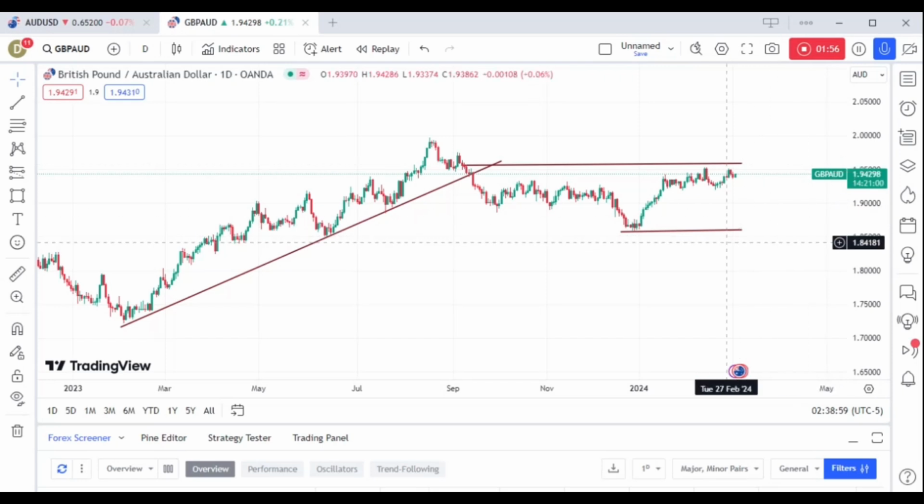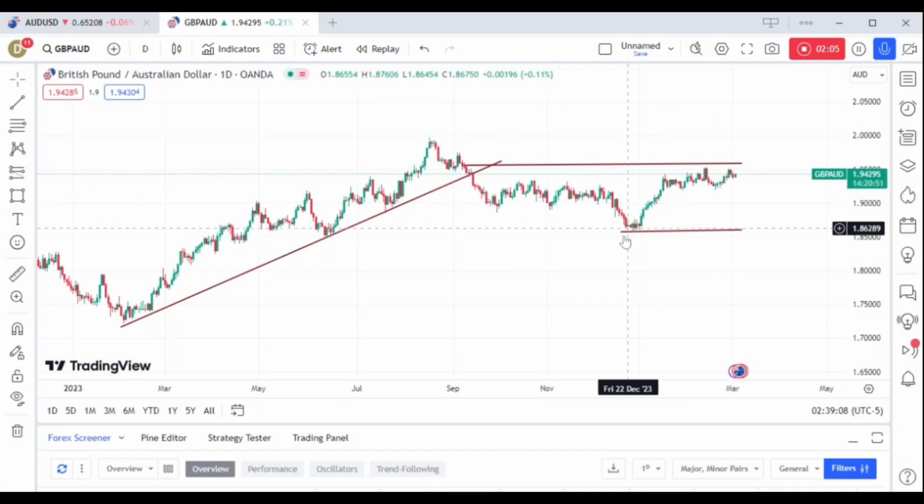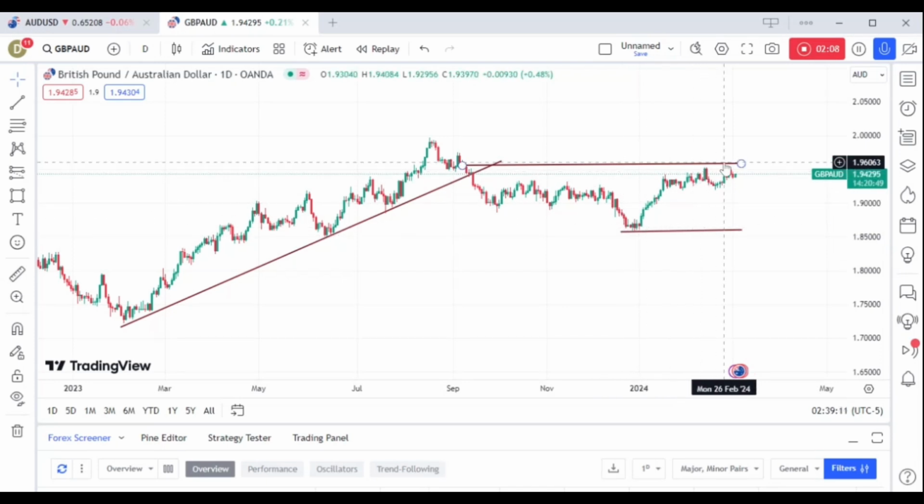Now, to understand what price is doing from this support key level to this resistance key level, we simply need to go to the 4 hour time frame and understand the market structure that price is printing on this trend, on these key levels.